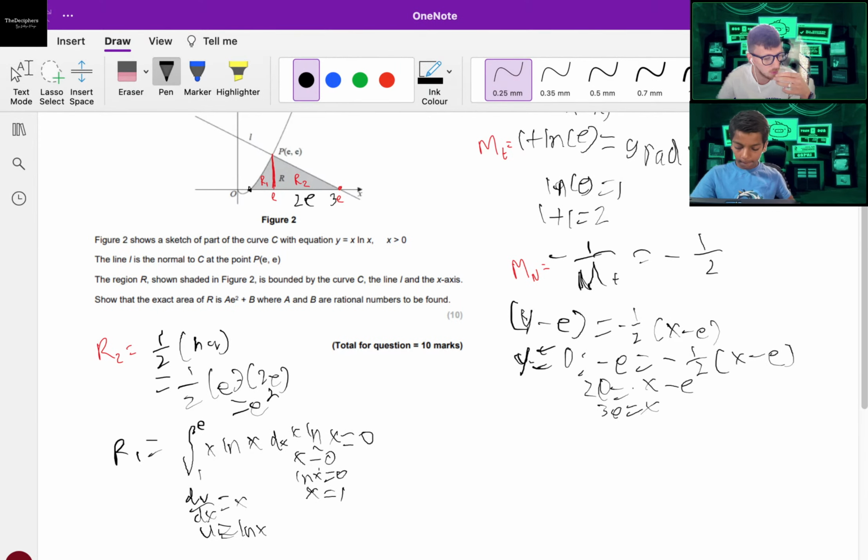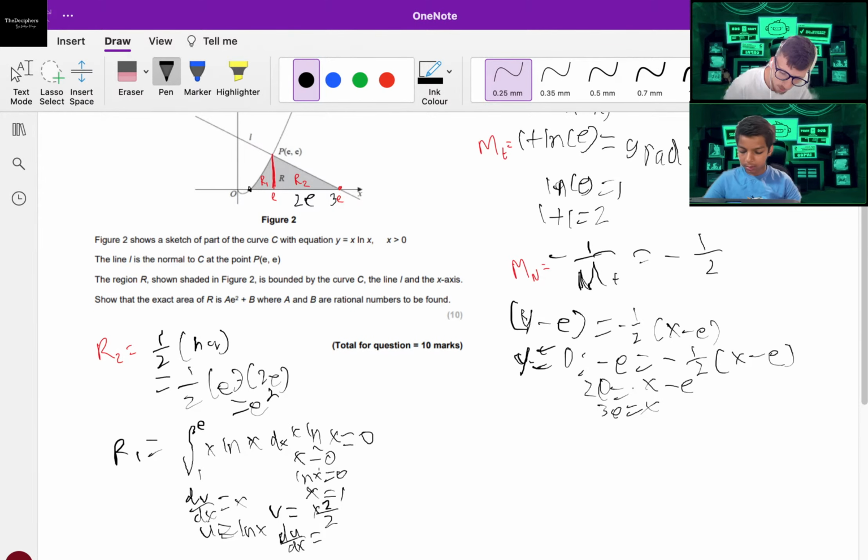So we integrate dv/dx and differentiate u. Then v would be x squared over 2, and du/dx is the derivative of ln x, which is 1 over x.